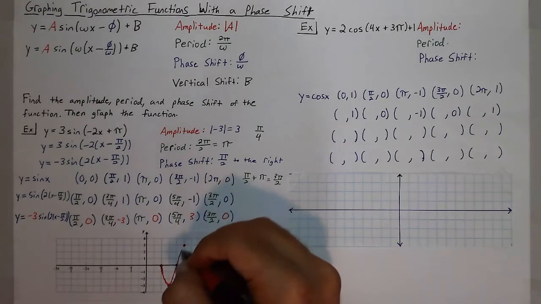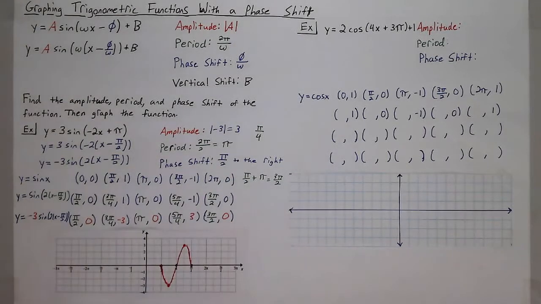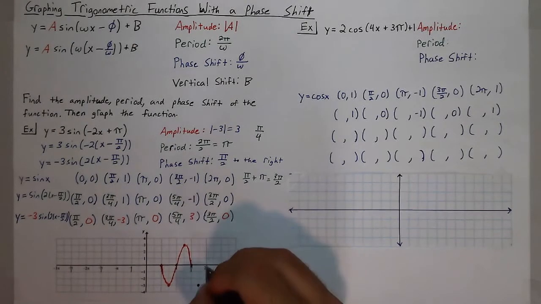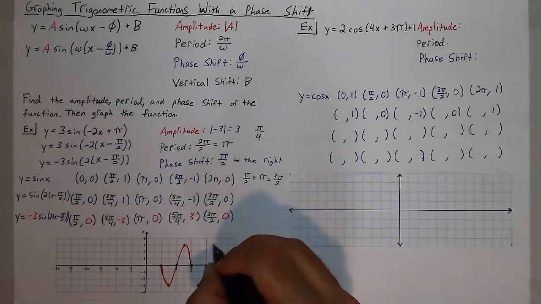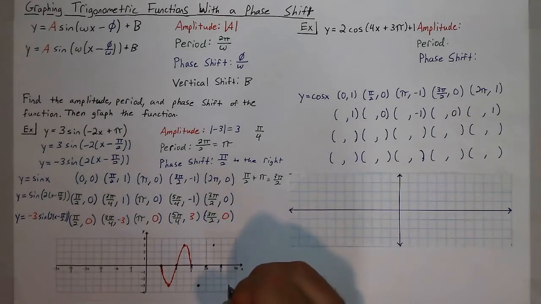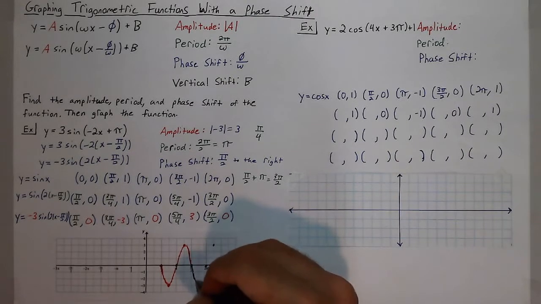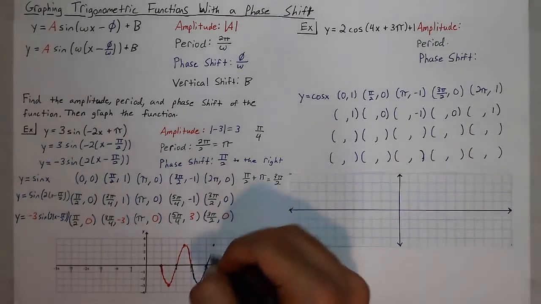Now I'm going to keep this one in red and draw the rest of the graph in blue just so you can see where everything has shifted. Because now if I follow this pattern, this is at 0, now I'll go down to negative 3, then back to 0, then positive 3, then 0, then negative 3, then 0. It will just continue to wiggle.